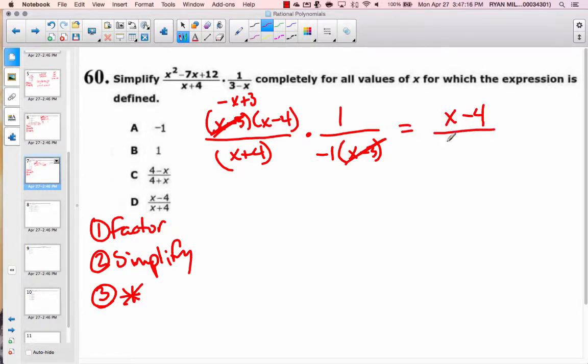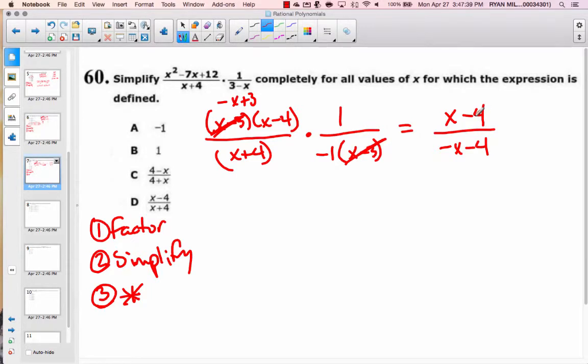And then I'm going to do x plus 4 times negative 1, which is going to get me negative x minus 4. And then I'll have x minus 4 over negative x minus 4. Oh, I'm so sorry. Wait.